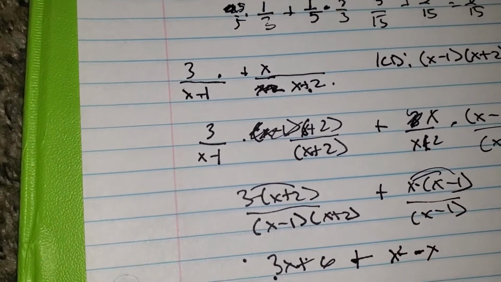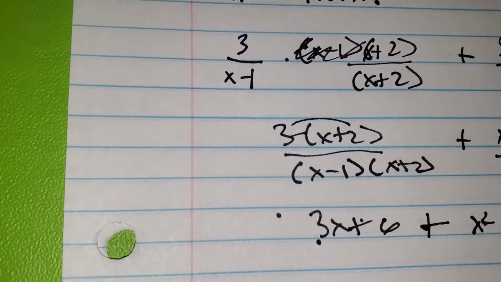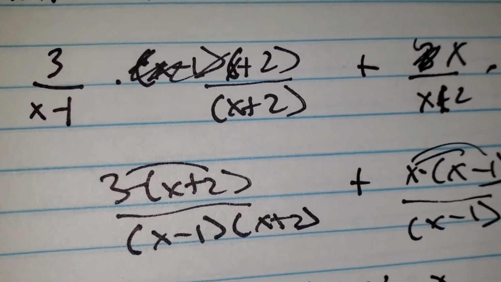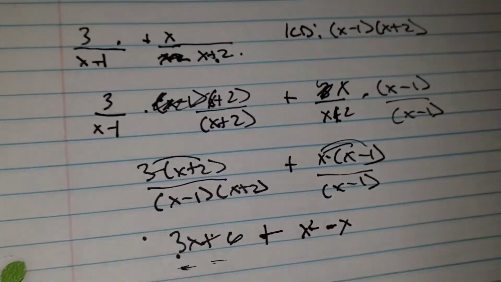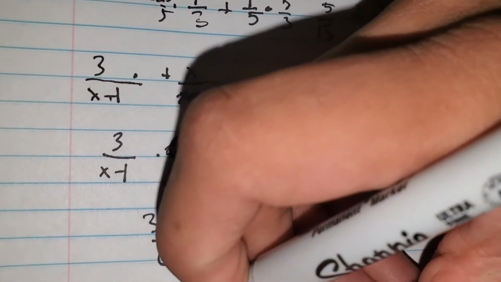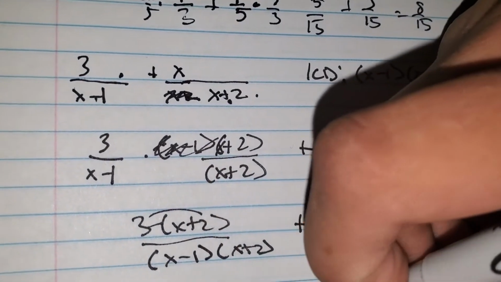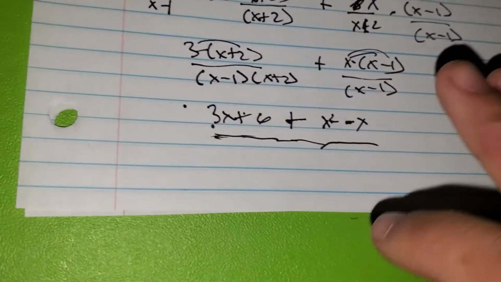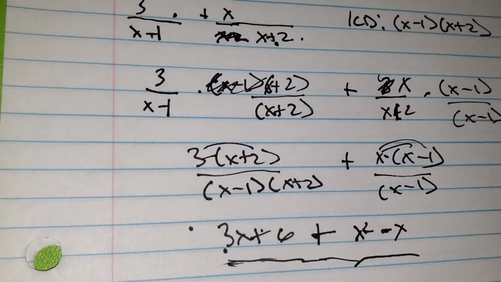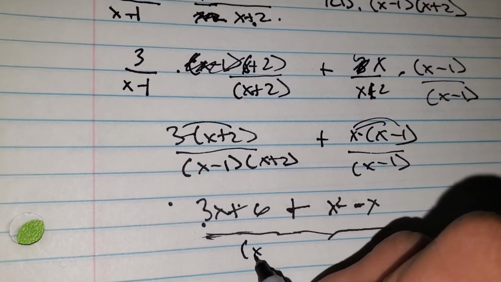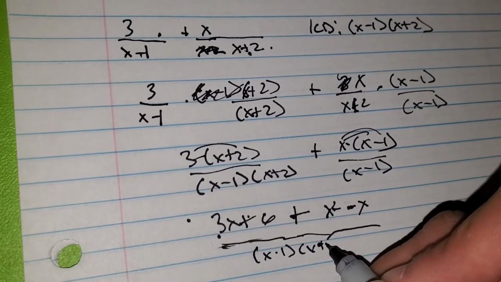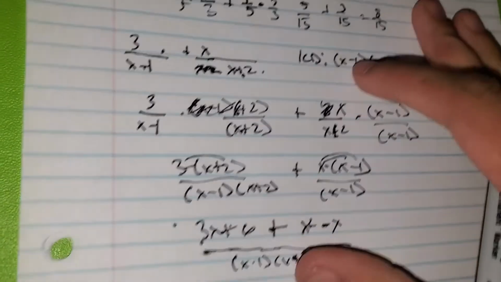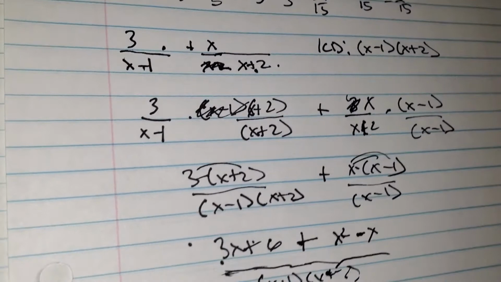Give me a second guys, let me zoom in a little bit, sorry guys. We just leave the denominator alone. Take a new sheet of paper.